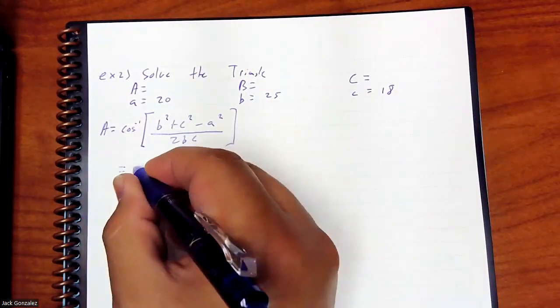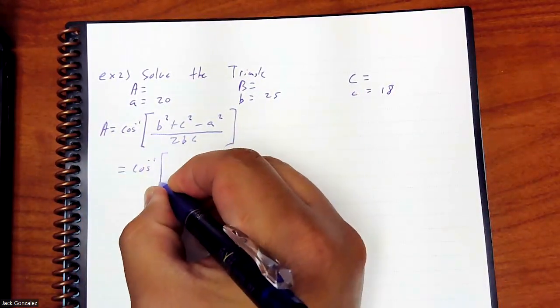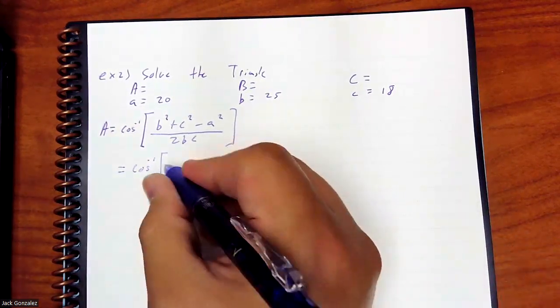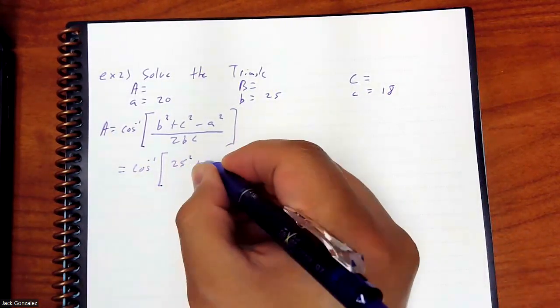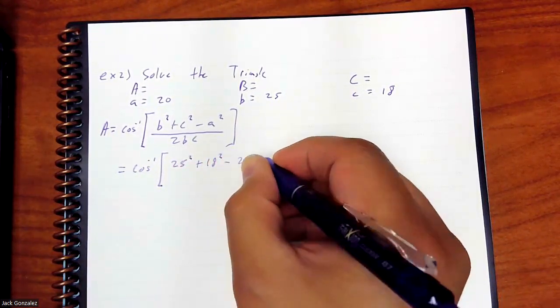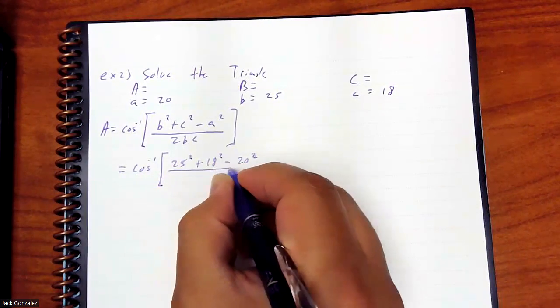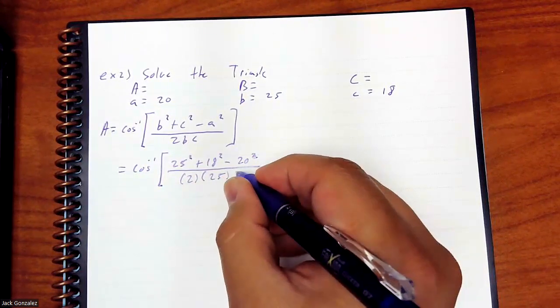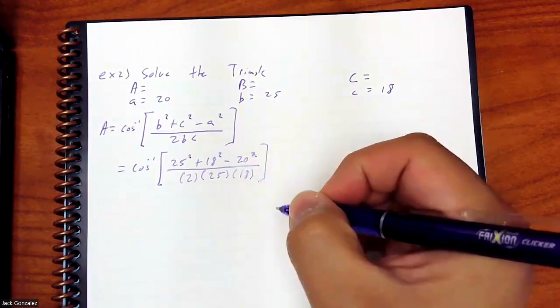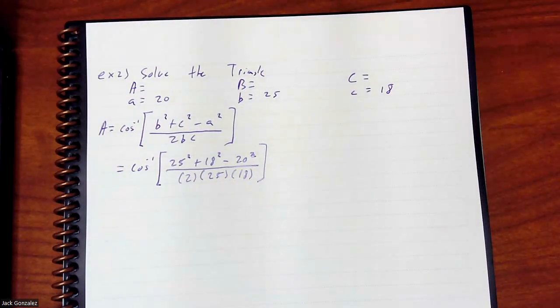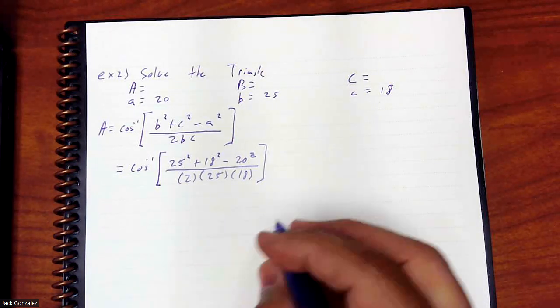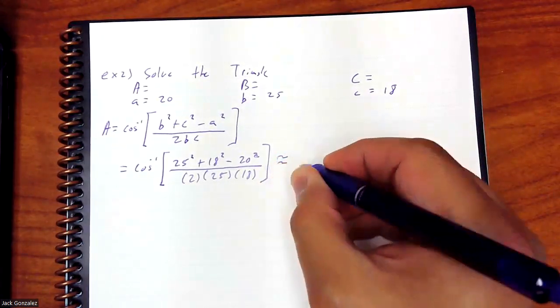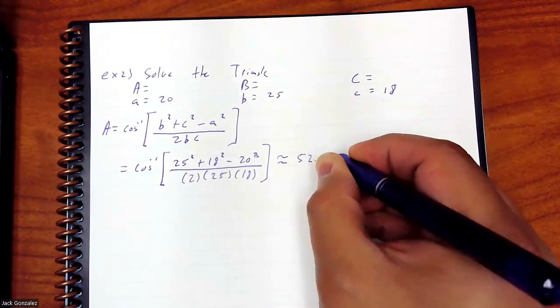So that is cosine inverse of, let's plug it in: 25 squared plus 18 squared minus 20 squared over 2 times 25 times 18. Plug it in and you should get an angle of about 52.4.